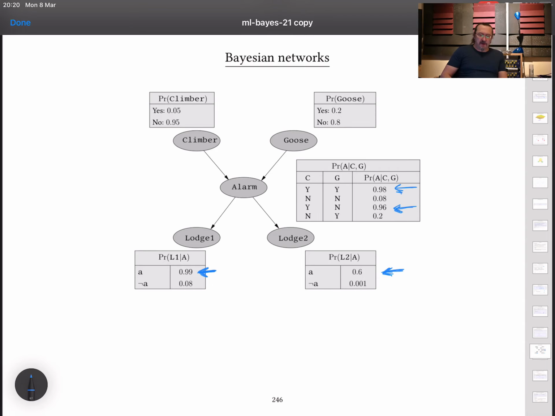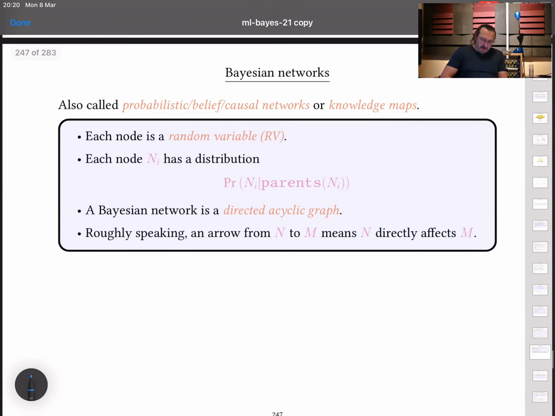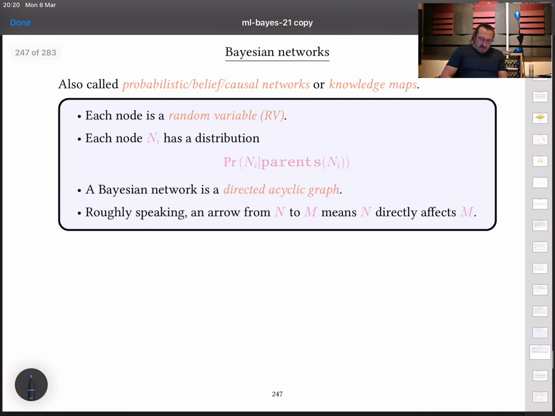Okay, so we have a kind of natural causal relationship here, and we have some probabilities telling us how these random variables act. Okay? And that's a Bayesian network. What we need to do now is say something about what it actually means. So, just to recap and to be a bit more specific, a Bayesian network has a random variable at each node.